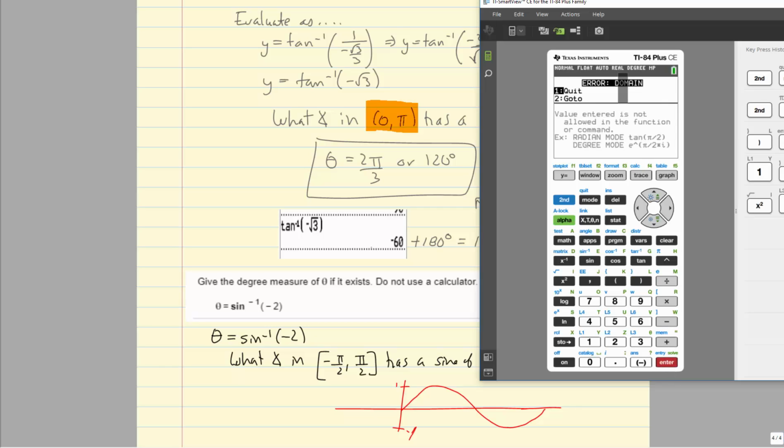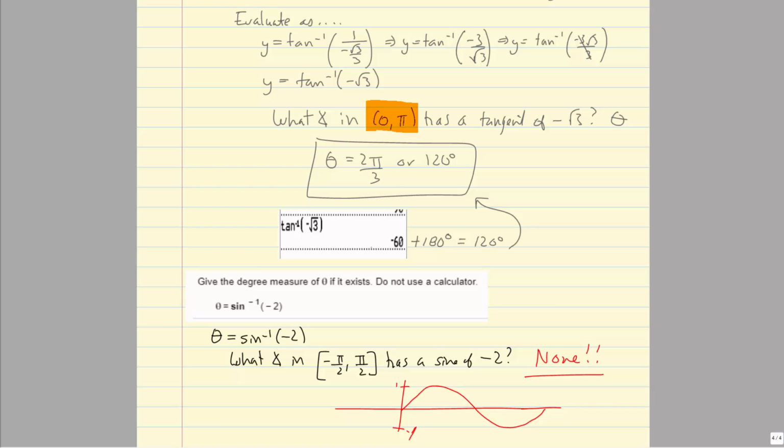Its error is domain, so that means that value of negative 2 that I'm plugging in is not possible. So again, that domain value, checking to see if it's even a possible answer is going to be important. And the best way to know that is if you know the graphs of your basic trig functions, which we learned in the last unit.